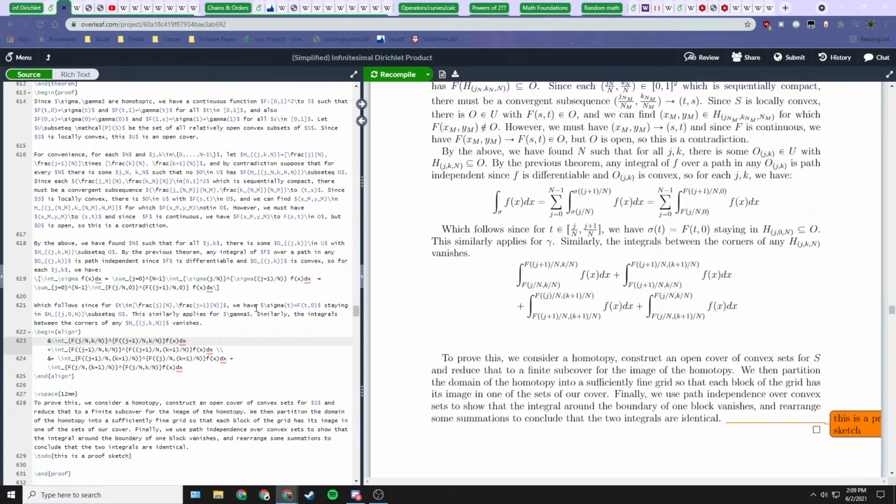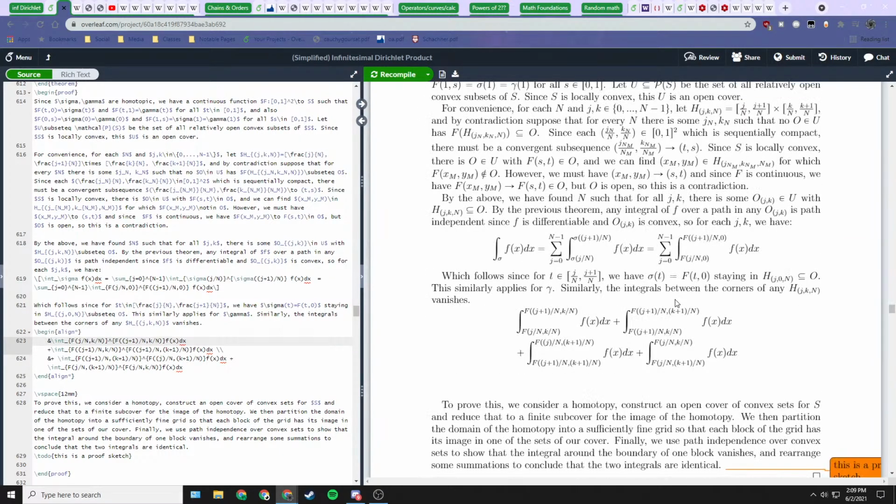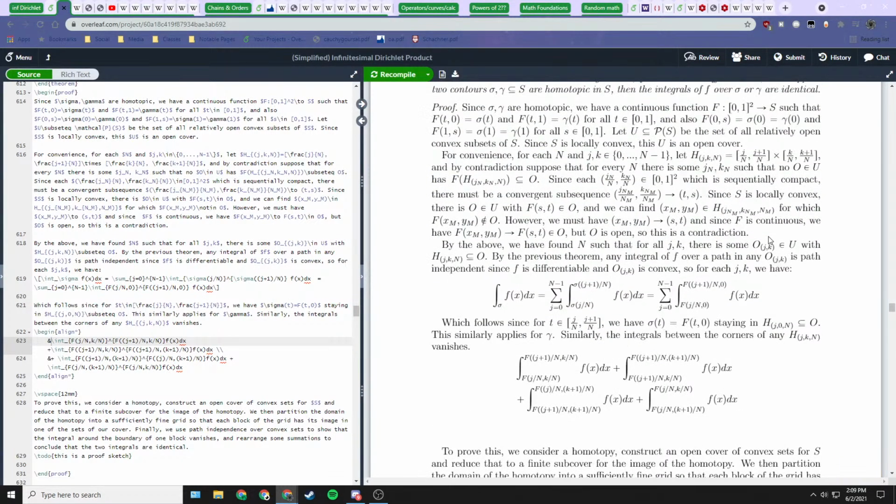That is terrible. Let's label these integrals, because that's really awful. Let's see.